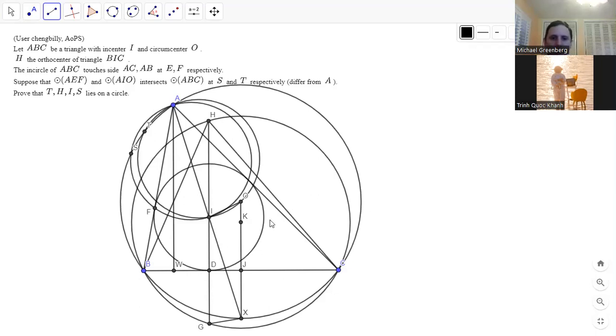It looks like IKXG is like an isosceles trapezoid, right? Oh, I think that might be just obvious. Okay. AI over AO is IG over IX. Okay. So AO is the radius.